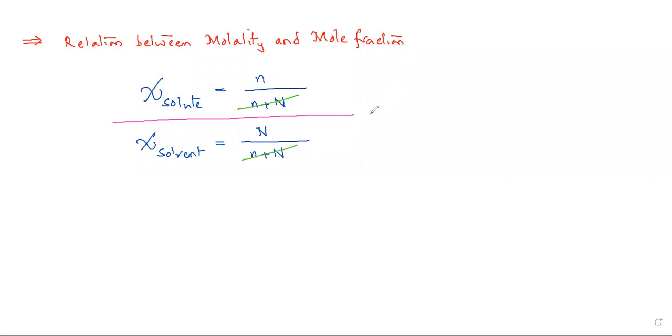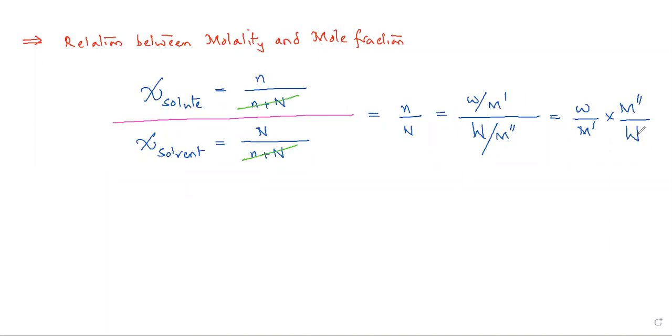Now, this can be written as small n by capital N. Small n is small w by m dash, capital N is capital W by m double dash. Even this can be written as small w by m dash into m double dash by capital W.